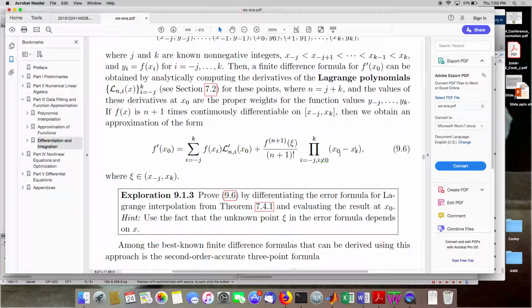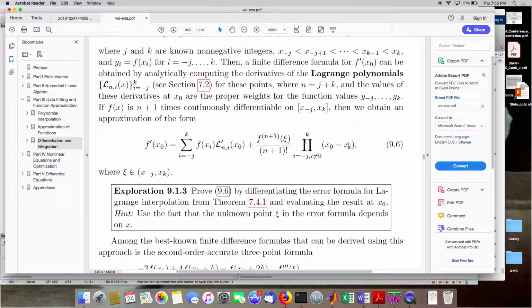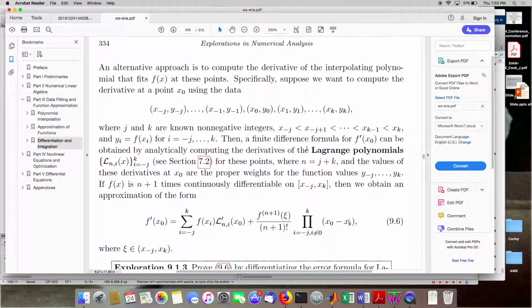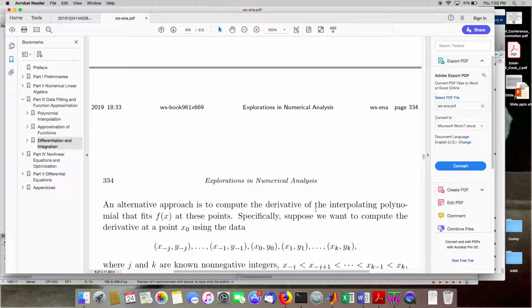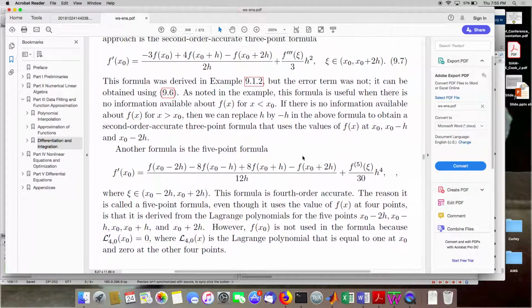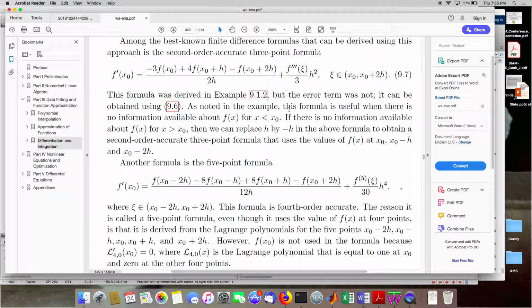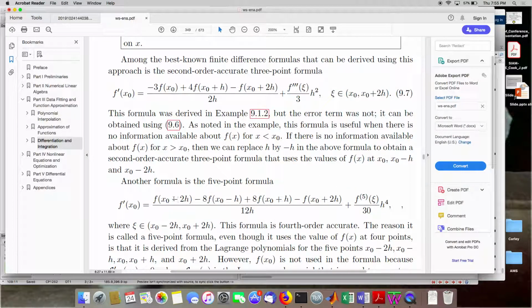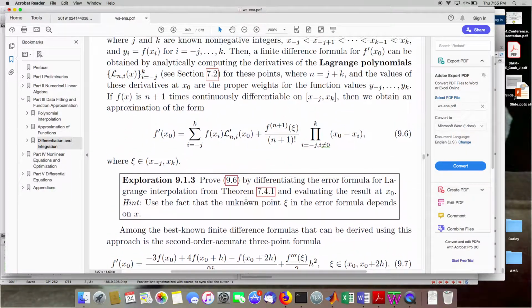And what you can do in a homework problem is, when the points are equally spaced, with spacing h, you can check the error formula that you get against the many examples in this section, like these two right here. Actually, one of the homework problems is to derive this using Taylor series.